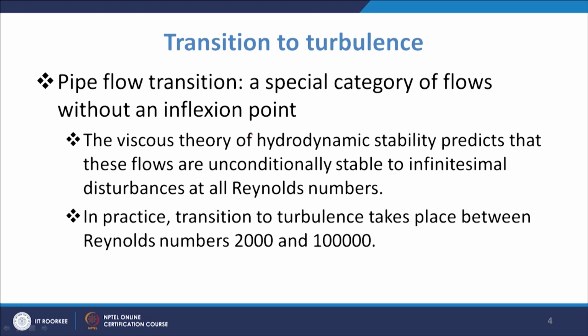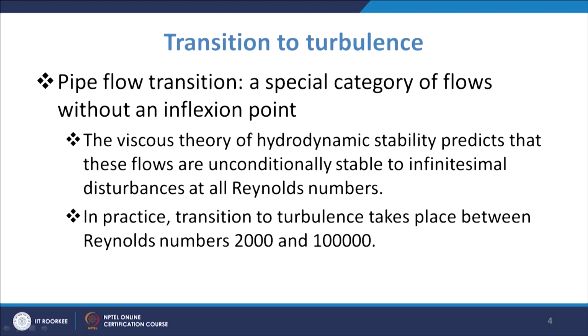You will have the transition to turbulence, and in the case of different kinds of flows you will have a Reynolds number at which the transition takes place. In the case of pipe flow transition, you will have the category of flow without an inflection point.